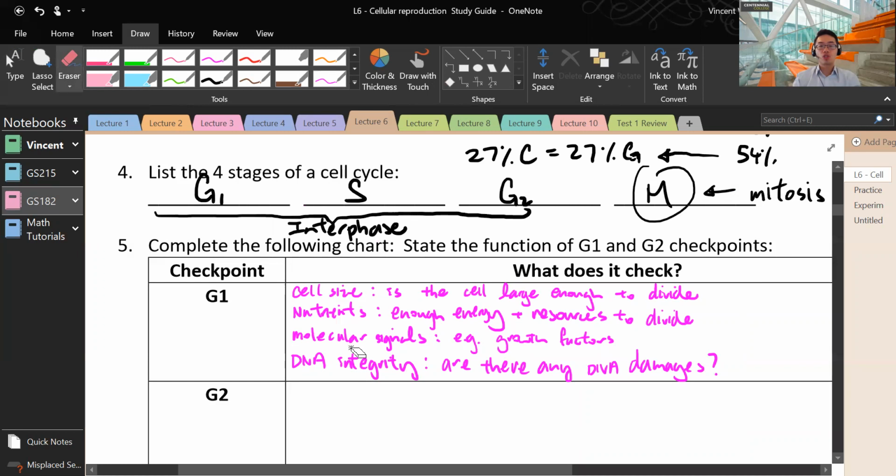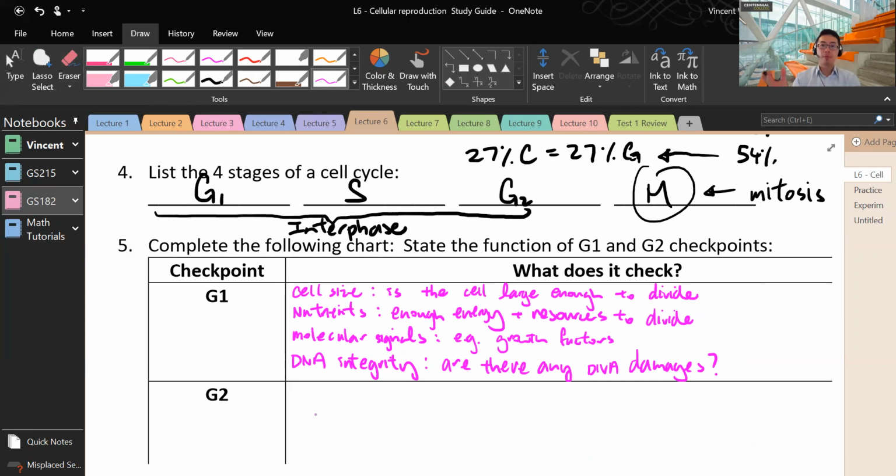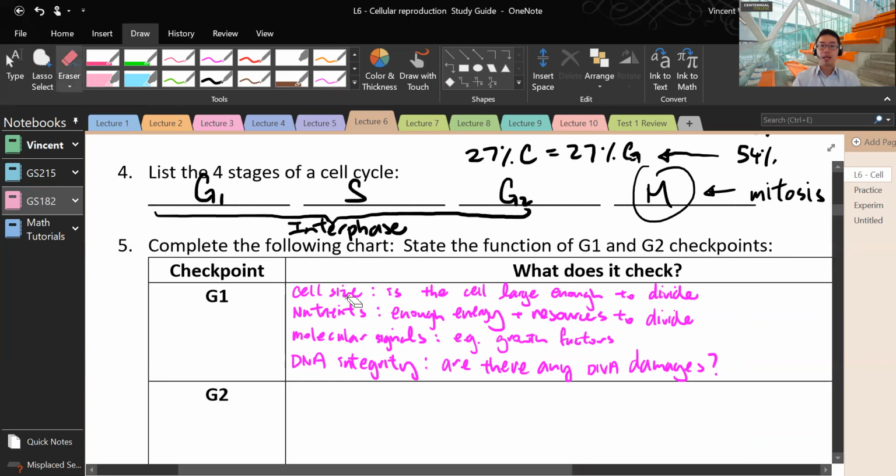So all these checking is primarily done by proteins. Okay, so if the checkpoint proteins are mutated, then that means you might not be able to accurately assess these situations.